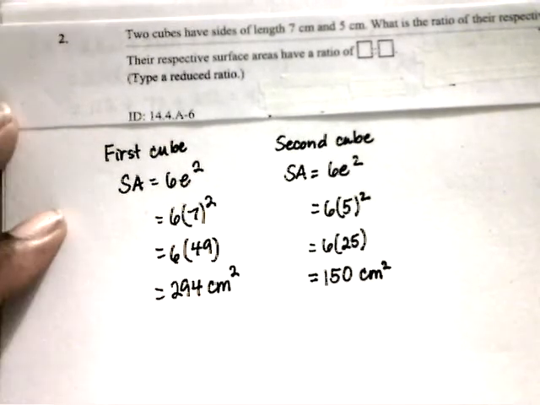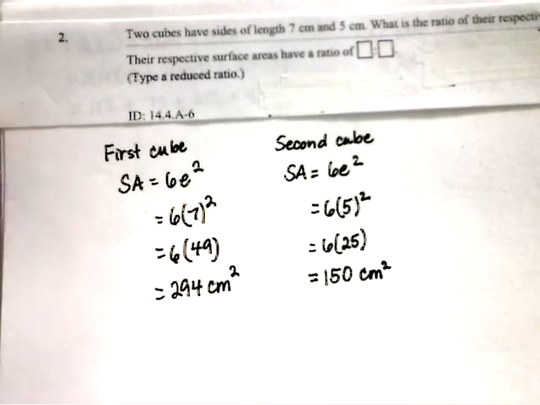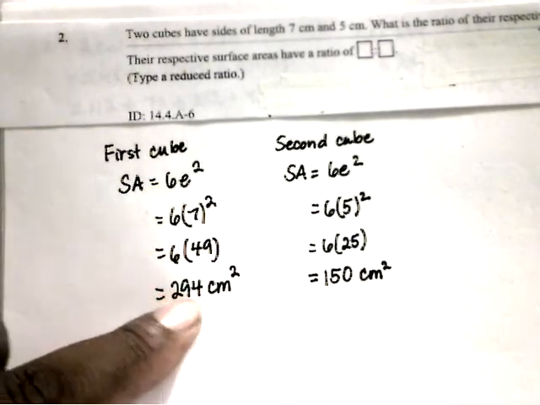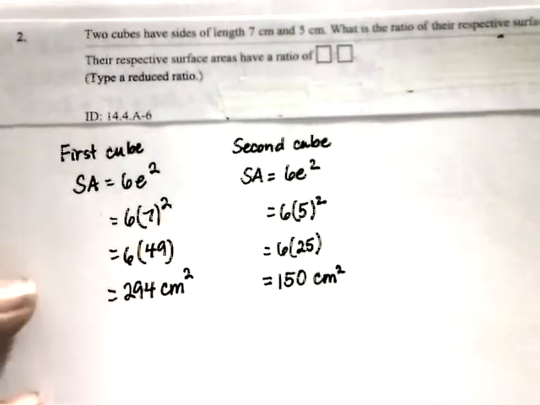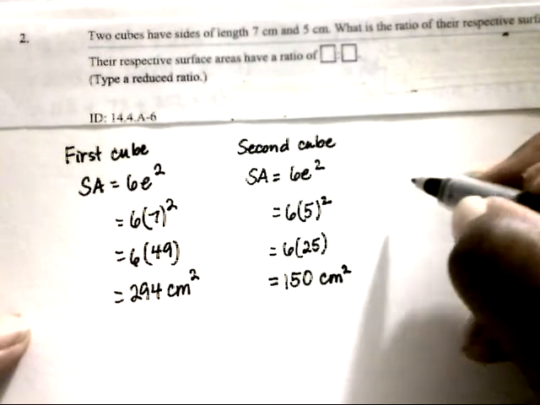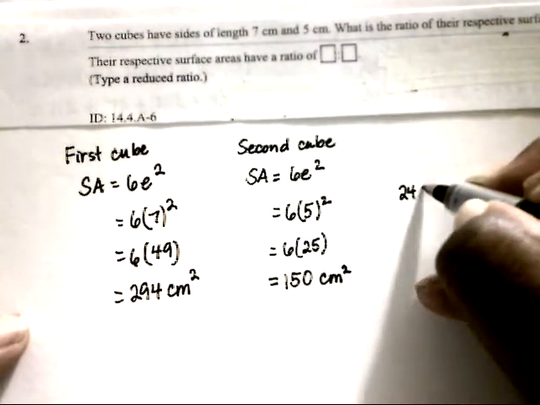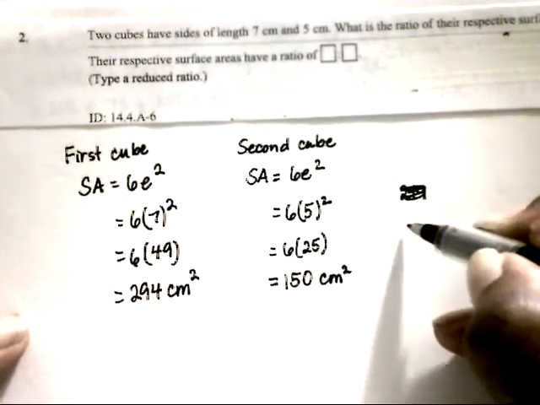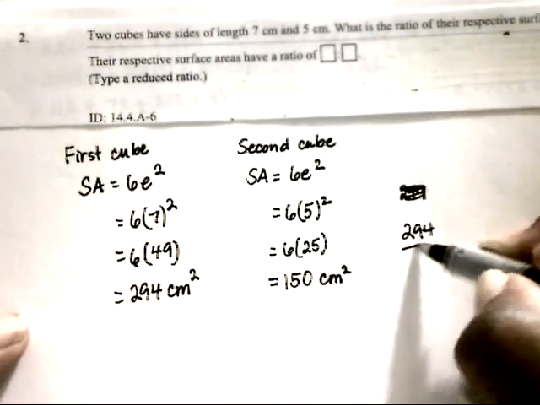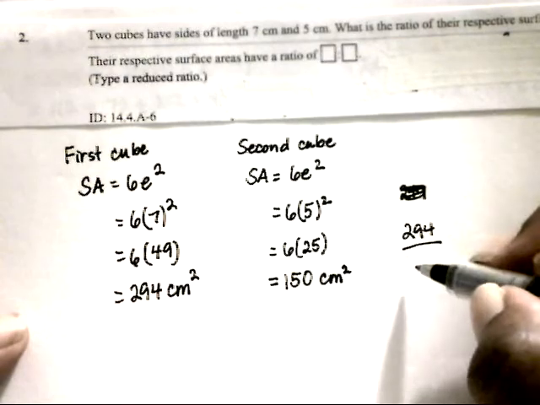Now we want the ratio of their respective surface areas. So we're going to take the ratio of the first cube to the second cube. In fraction form, that will be 294 over 150.